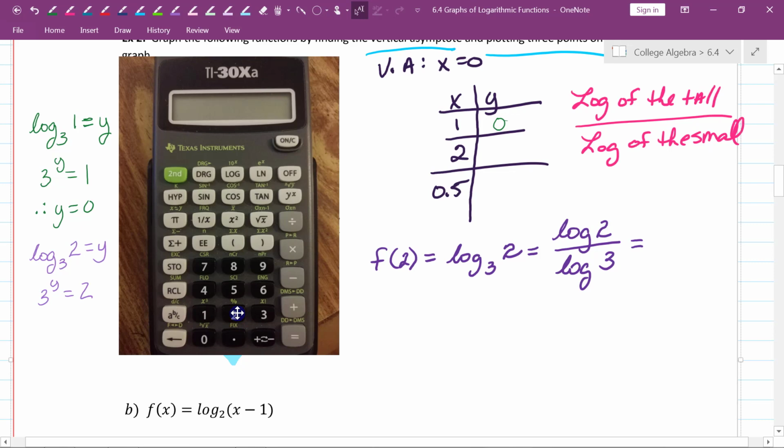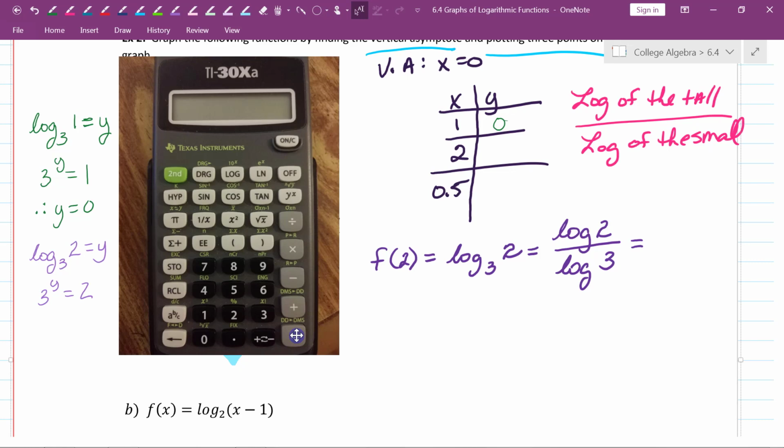Then you're going to hit log, so you're going to come right up here and hit log. Then you're going to hit divide. Now you're going to hit 3, then hit log again, and after you hit log, you must hit equals.